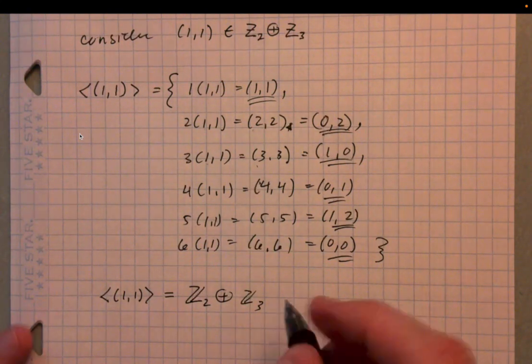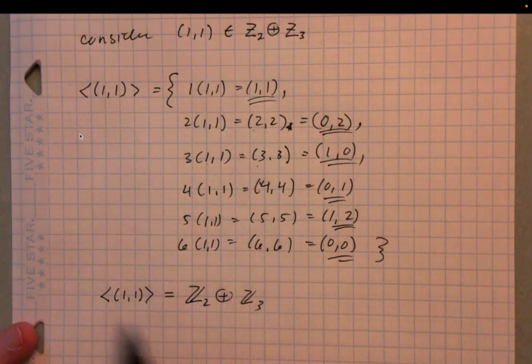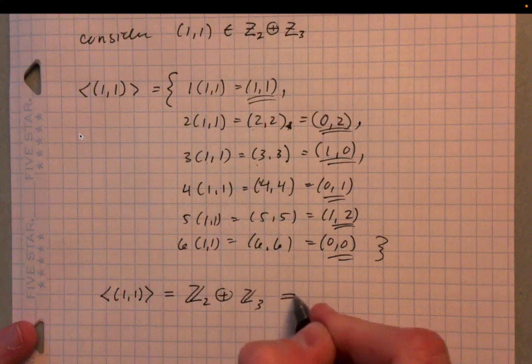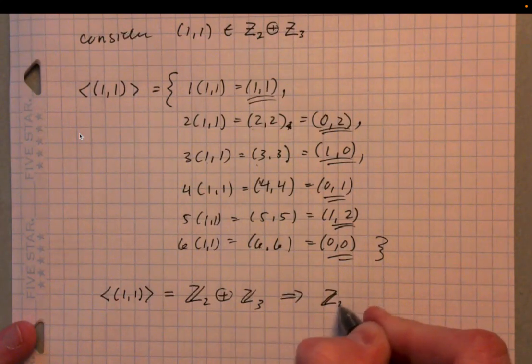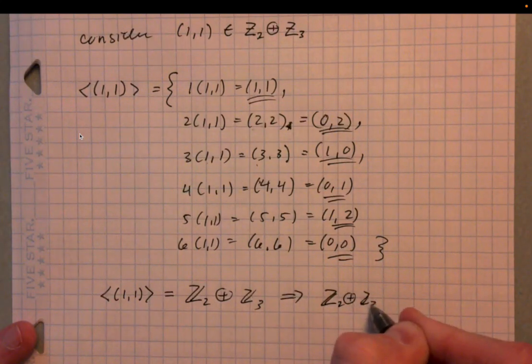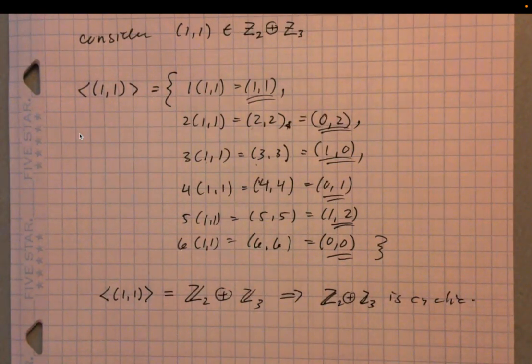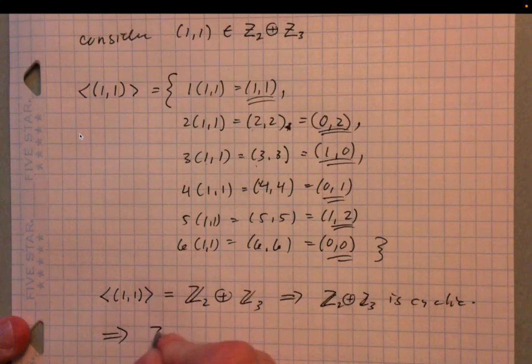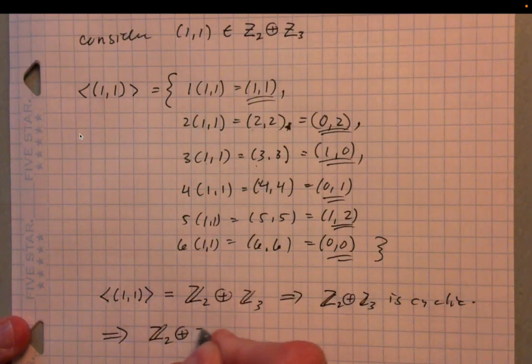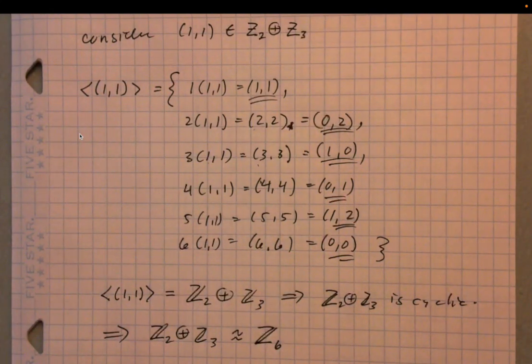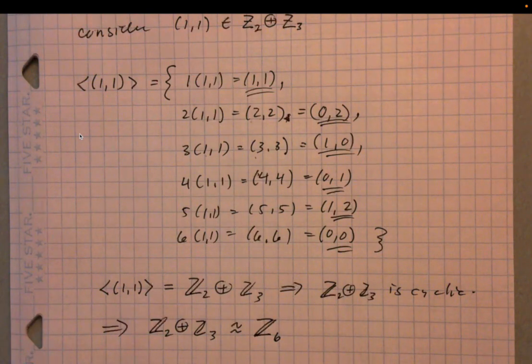If you have an element in a group that can generate the whole group, then that implies that Z2, Z3 is a cyclic group. And if Z2, Z3 is a cyclic group of order 6, that implies that Z2, Z3 is isomorphic to Z6, which basically means that these two groups are the same, they just look different.